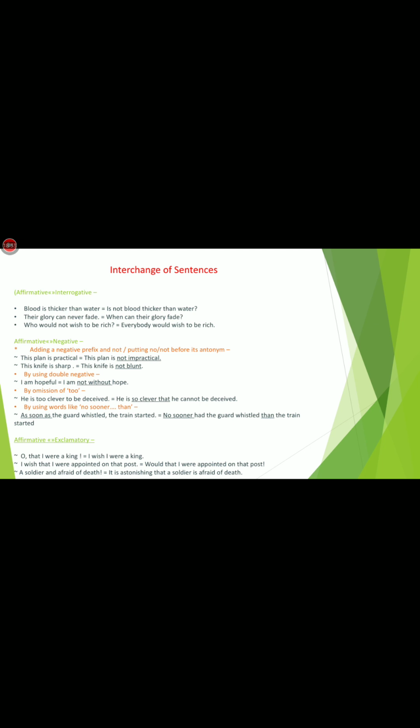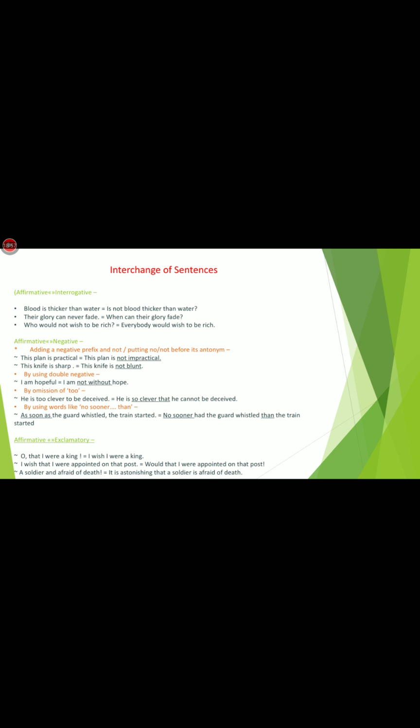Antonym is an opposite. This plan is practical. This plan is not impractical. So the prefix is im, and we have put a not over here to make it into an opposite of practical. That is, this plan is practical, this plan is not impractical.